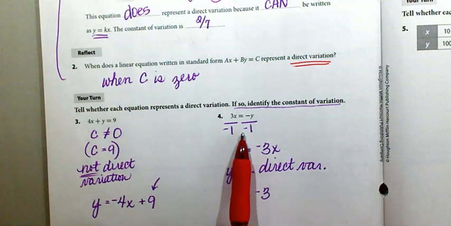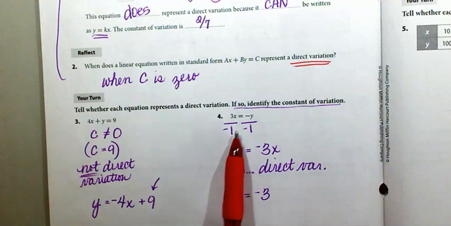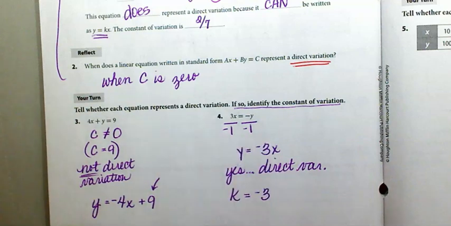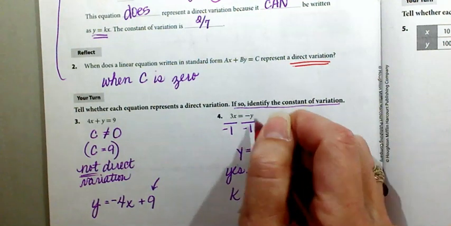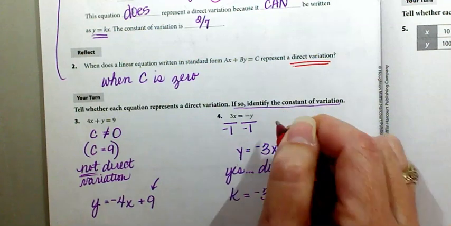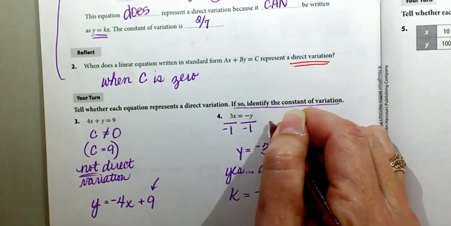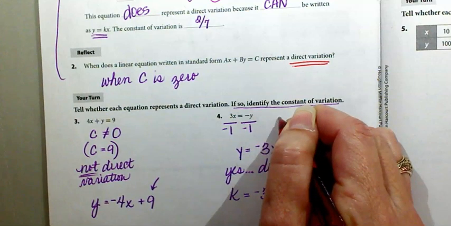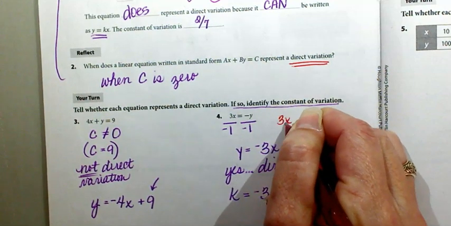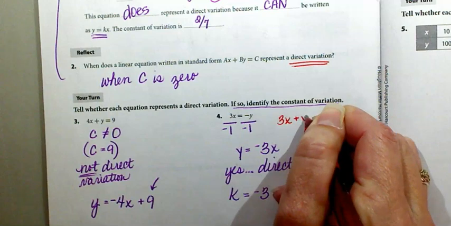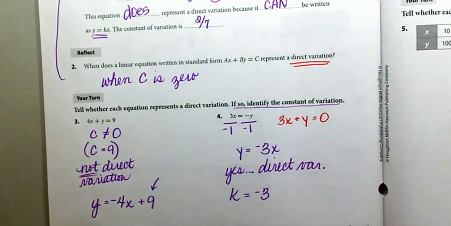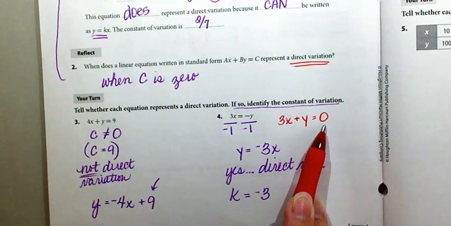All right, over here, well, let's see, I'm solving for y, but let's put it in standard form. If I wanted to move the y over, I would have 3x plus y equals 0 if I wrote it in standard form. Again, in standard form, I have c equals 0.